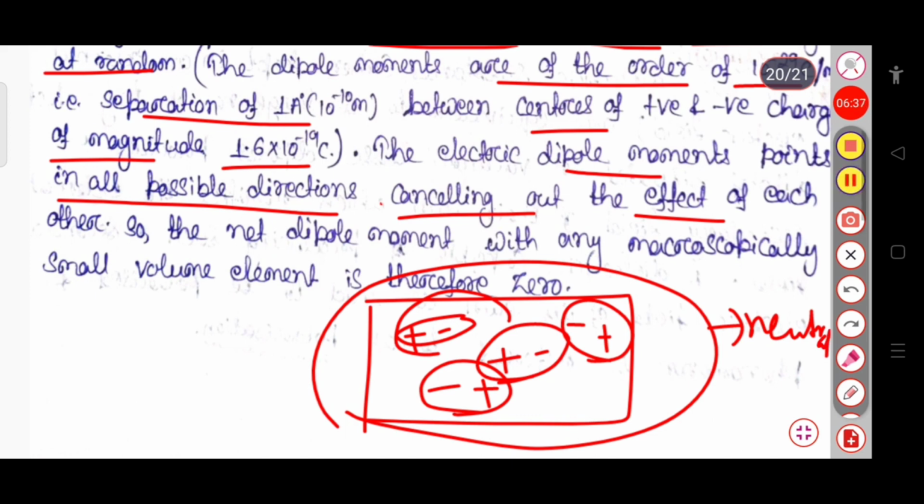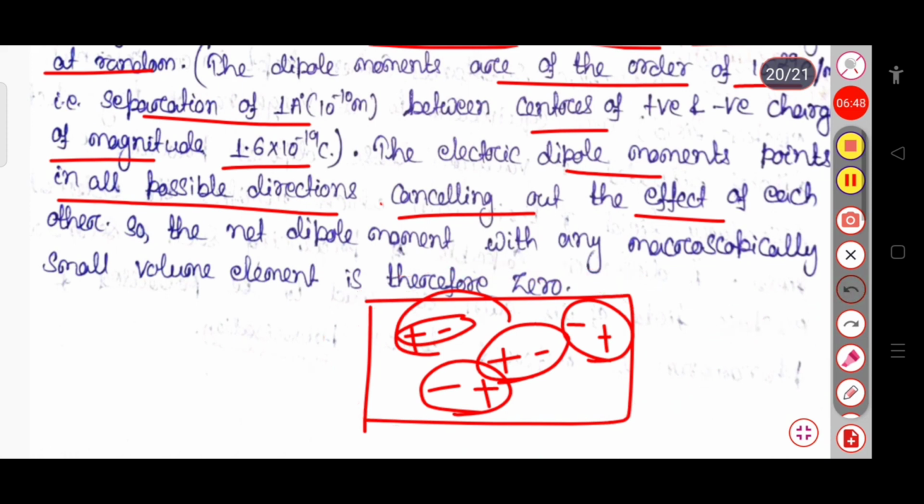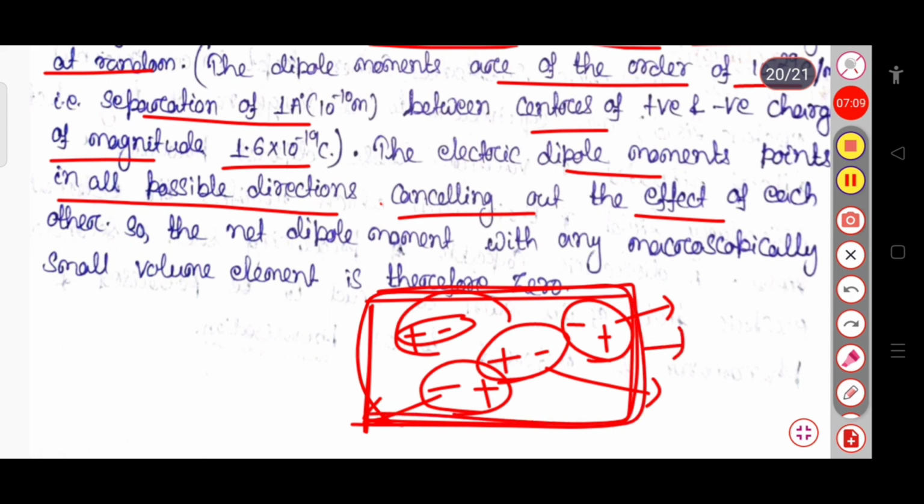Macroscopically, if I view it, the total dipole moment will be 0. Each individual atom has its own net dipole moment, but if we consider the total dielectric material as a whole, its dipole moment is 0, because the individual dipoles cancel each other's effect.